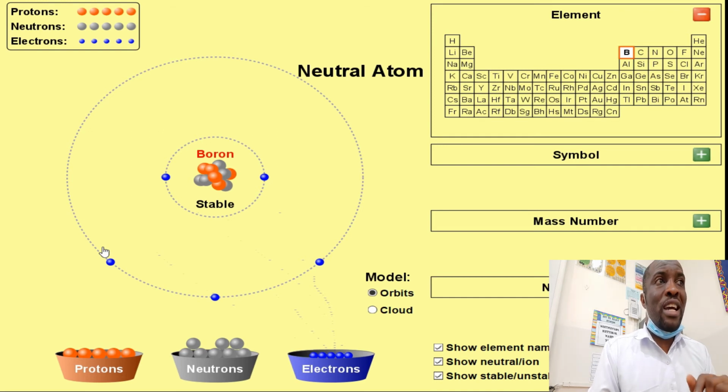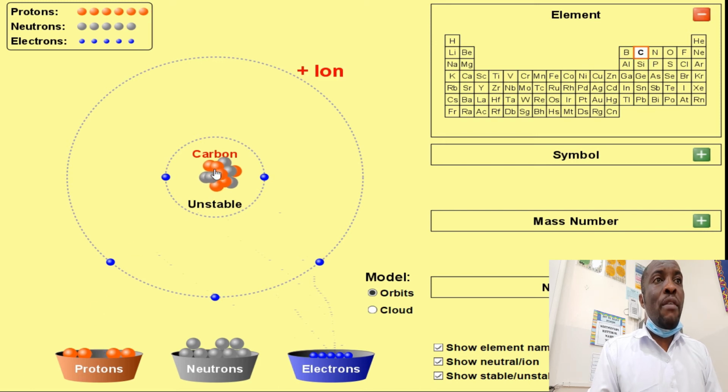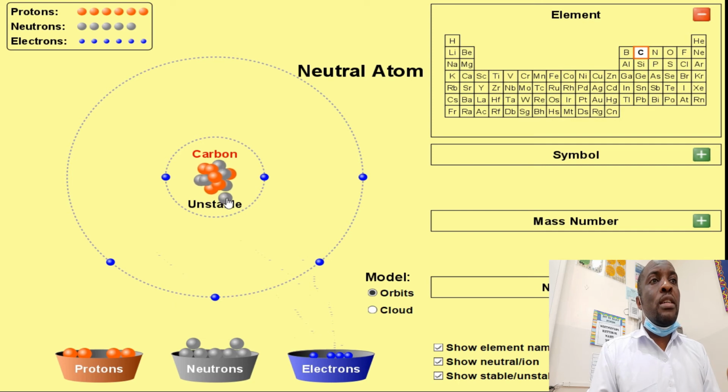But we need nitrogen. So we keep on adding more protons. More protons, we have carbon, ion, we add an electron, and unstable, we add a neutron. And the next proton gives us a nitrogen.